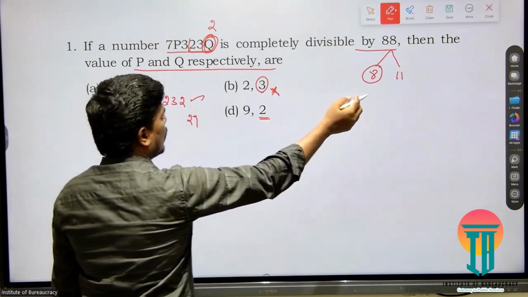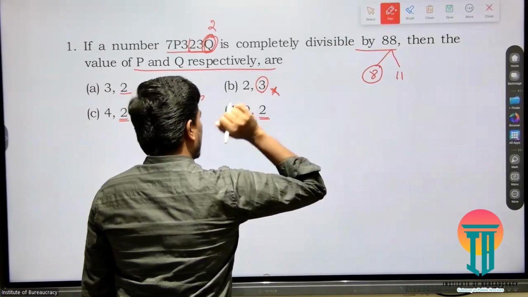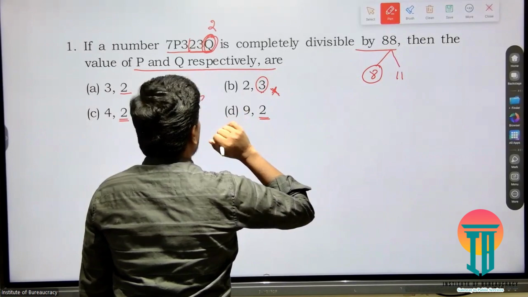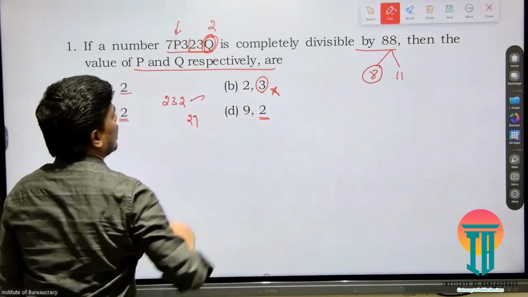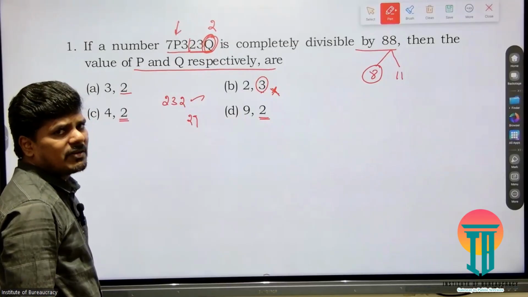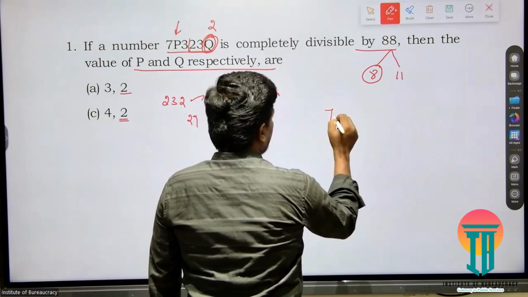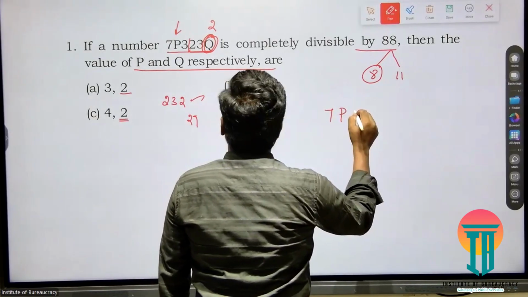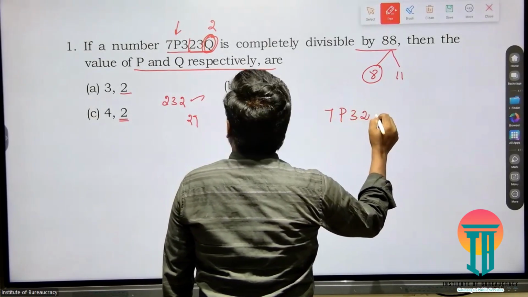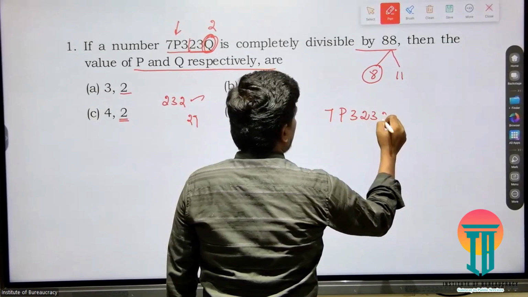Now let's go for finding P. We need to find the P value. For that, we will make use of the 11 divisibility test. They have given 7, P, 3, 2, 3, and we have fixed the Q value as 2.